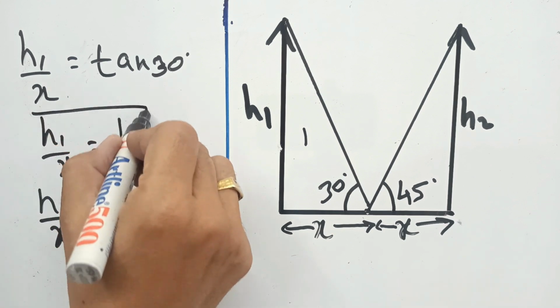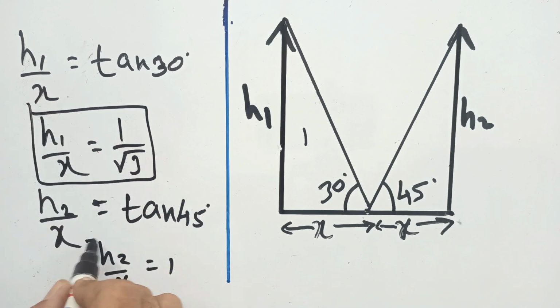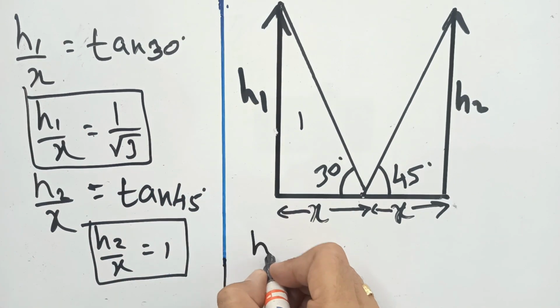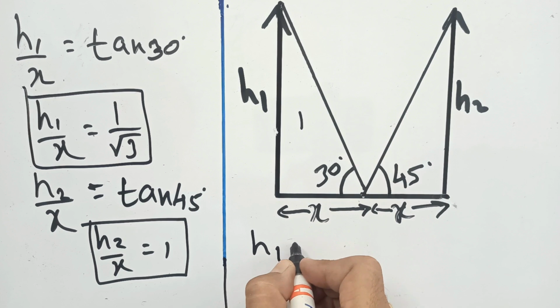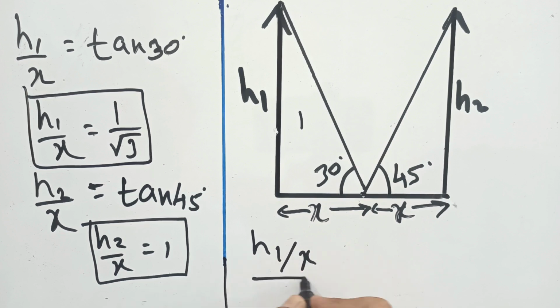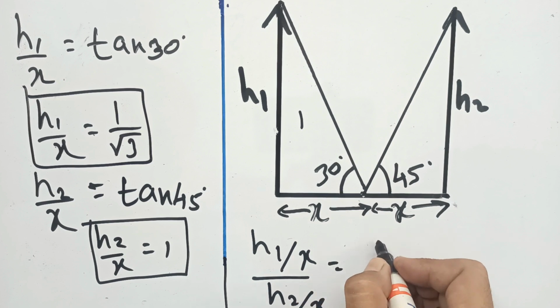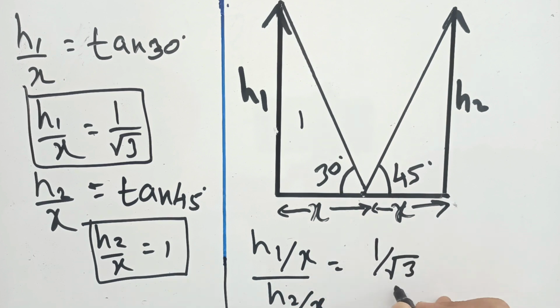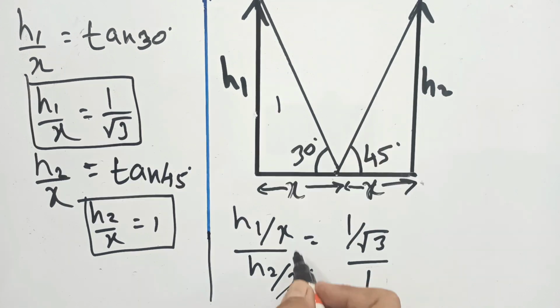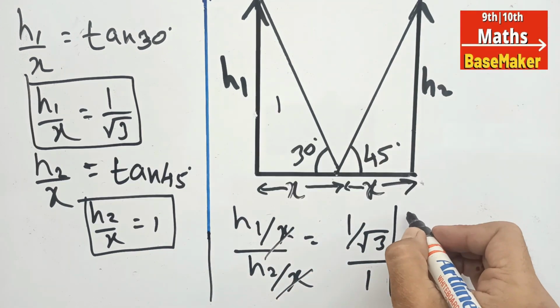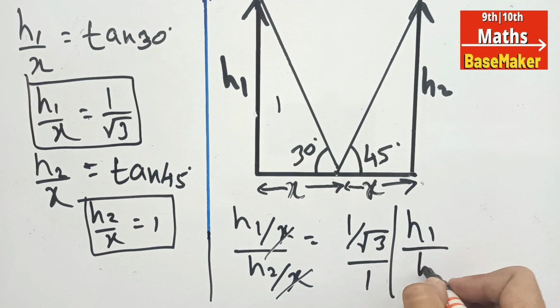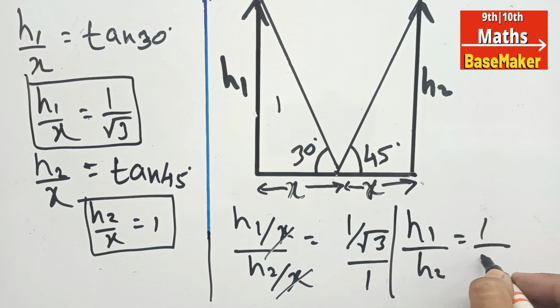So to obtain the ratio, we will divide these two equations. X will be cancelled. So h1 is 1 upon root 3, h2 is 1.